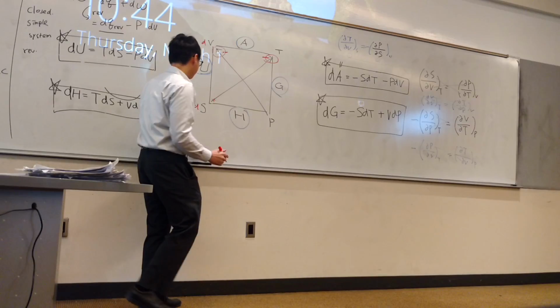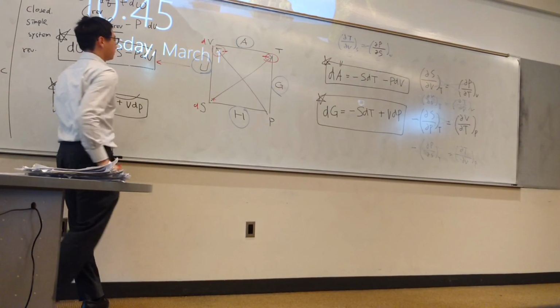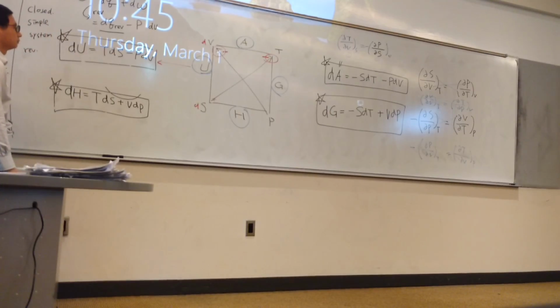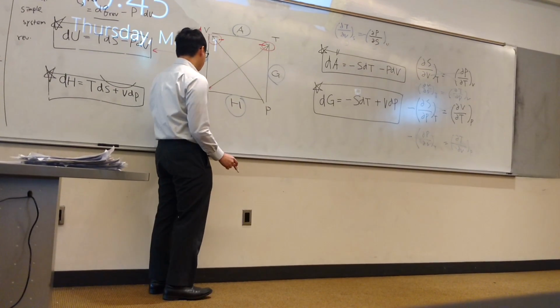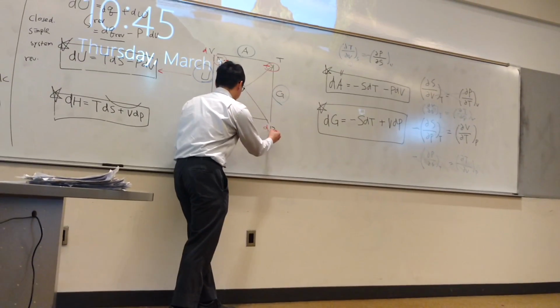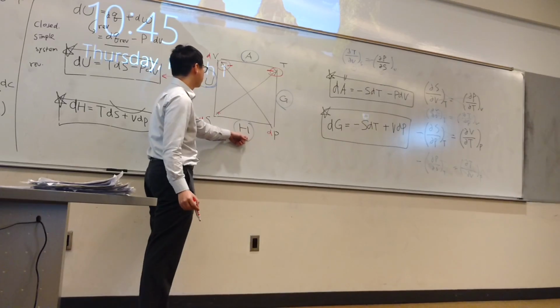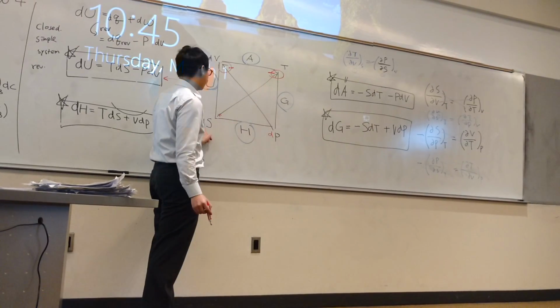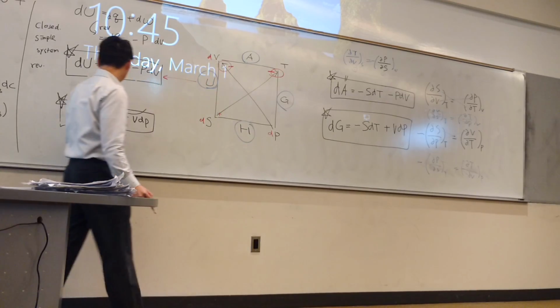Going back to H, you have dS and dP, and they're all positive signs. So dH is T dS plus V dP, which is this one.